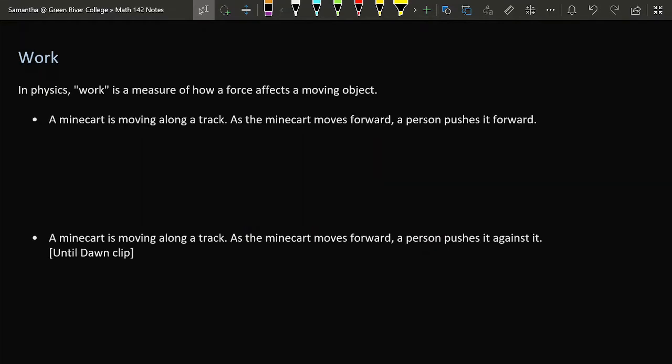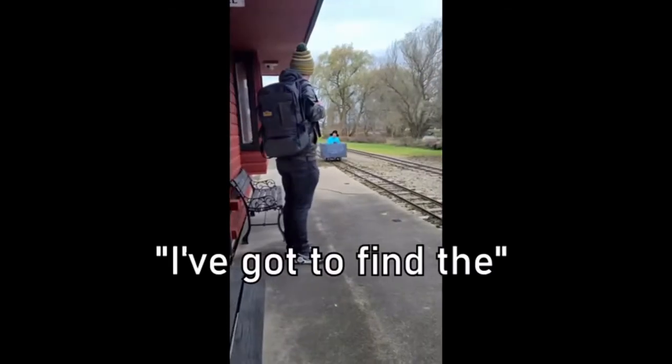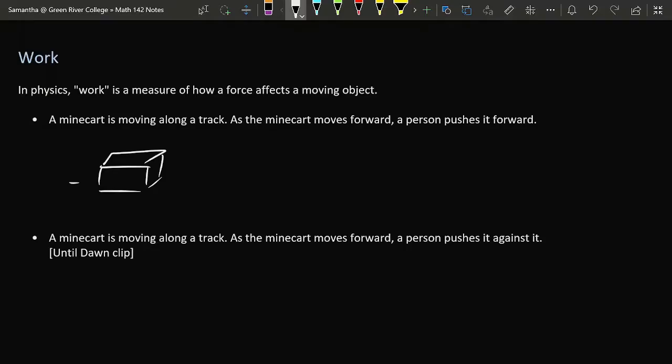Now, work in physics has a very specific meaning. Work, quote unquote, is a measurement of how a force affects a moving object. For example, suppose that your moving object is a minecart, which is moving along a track. As the minecart moves, a person puts their hand on the back of the cart and pushes it forward.